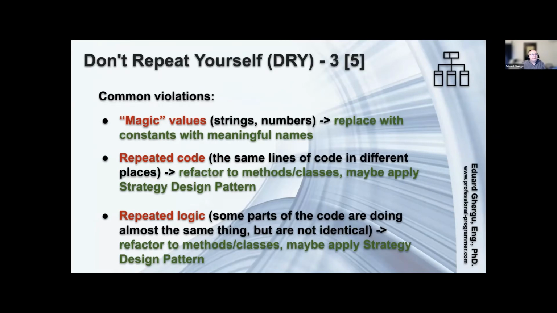Some common violations: magic values. We have in some cases different strings, for example, in messages that are returned to users. Or different numerical values that are used many times. So compare, for example, if it's less than pi, or if it's greater than 100, or things like this.